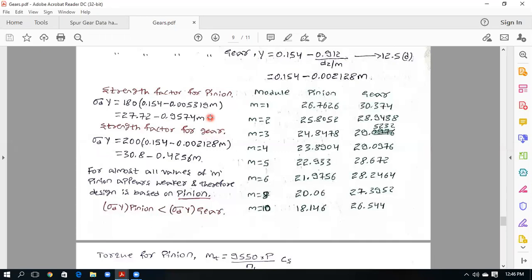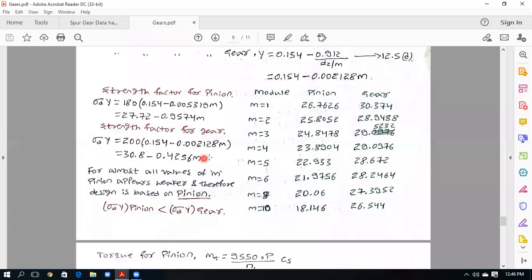From that you will get the sigma d into y value. First I will substitute m is equal to 1. When I substitute m is equal to 1, it will be 0.9574. 27.72 minus 0.9574 means it will be 26.76, so the strength factor for the pinion is 26.76 when module is 1.